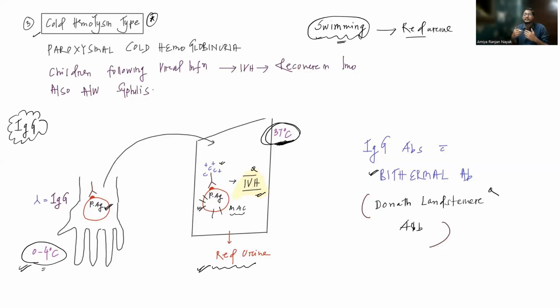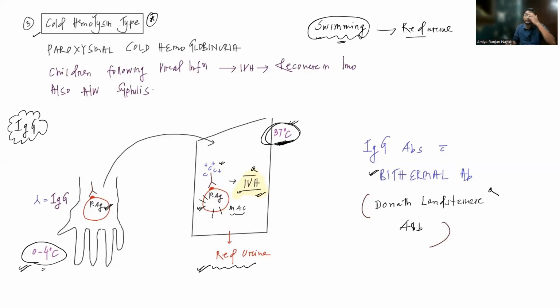And when they come out of the swimming pool, when the temperature increases to normal core body temperature, they can activate the complement, and this complement pathway will be a complete activation because IgG antibodies are still bound to the RBCs. That will cause formation of the membrane attack complex, lysis of the RBCs, predominant intravascular hemolysis, and that will cause hemoglobinuria or red urine.